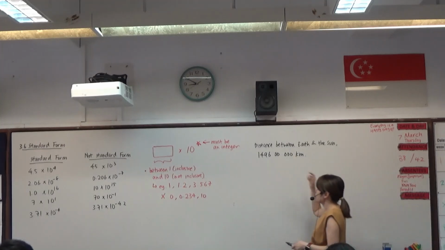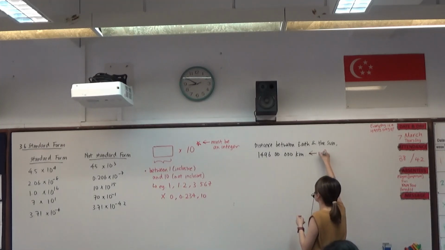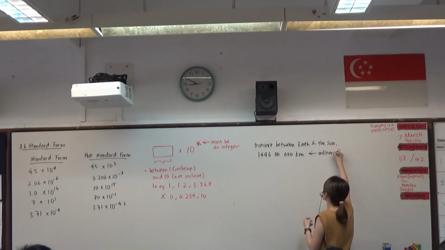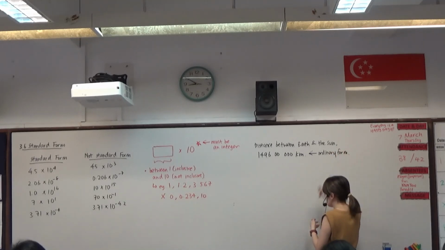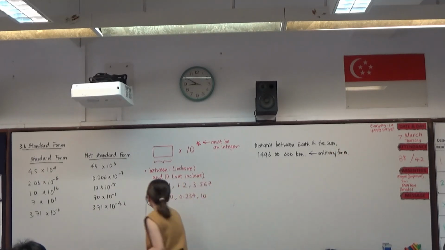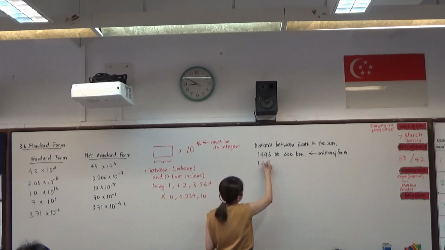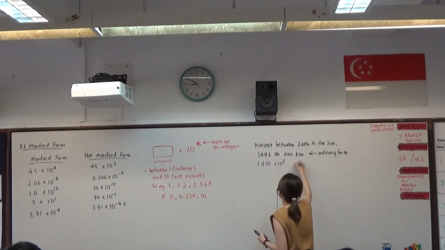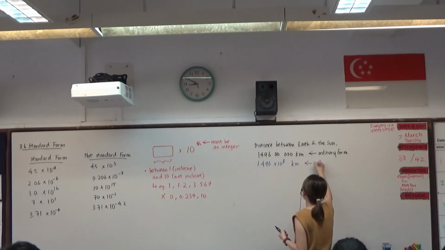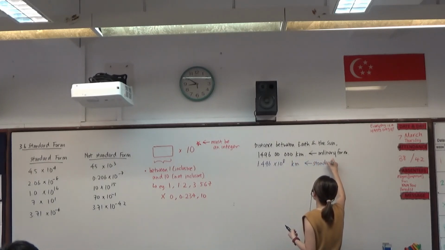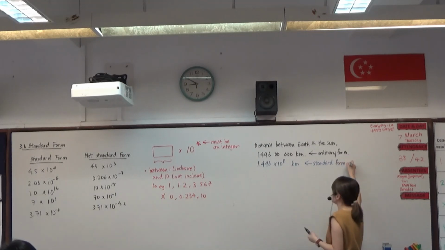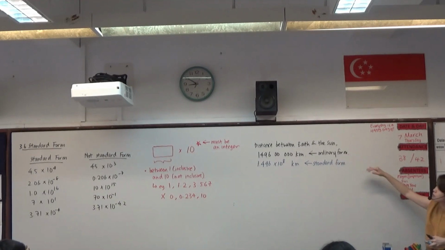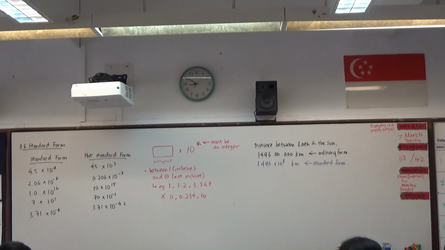So this is what we call the ordinary form. And the standard form would be 1.496 times 10 to the power of 8. We won't be learning how to convert numbers from ordinary form to standard form or from standard form to ordinary form, so don't worry about that.